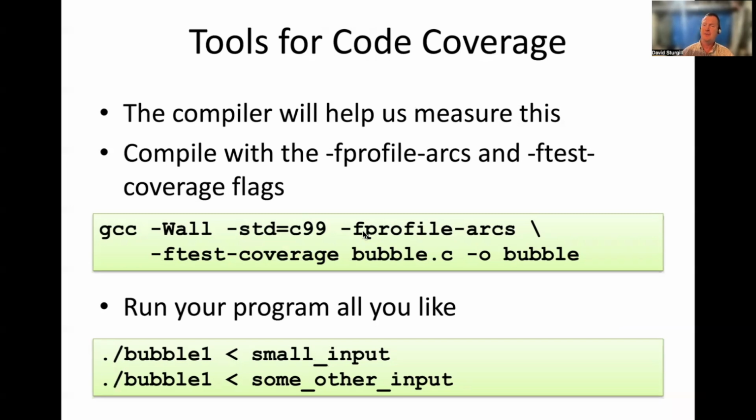We're asking the compiler to put in extra code, in this case, to measure which parts of the program have been executed and which ones haven't been executed. So the options we need are -fprofile-arcs, and I've split this across two lines here, but you'd normally put this all on one GCC line. So -fprofile-arcs and -ftest-coverage.